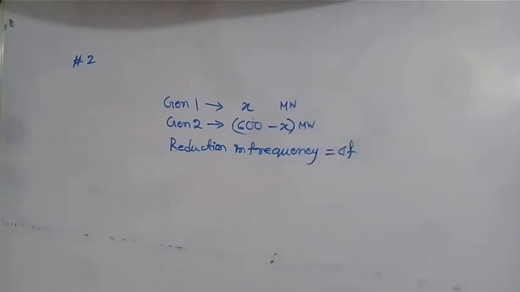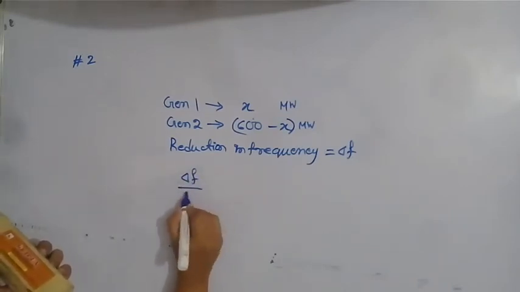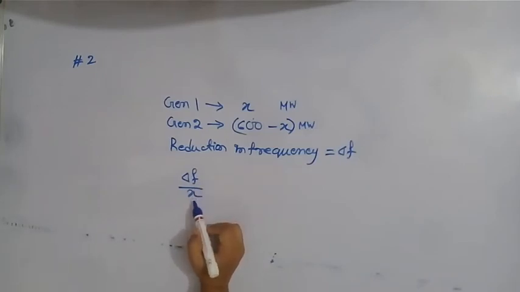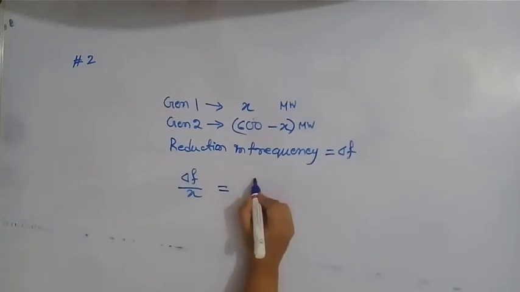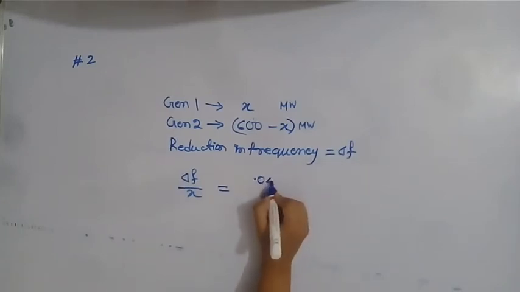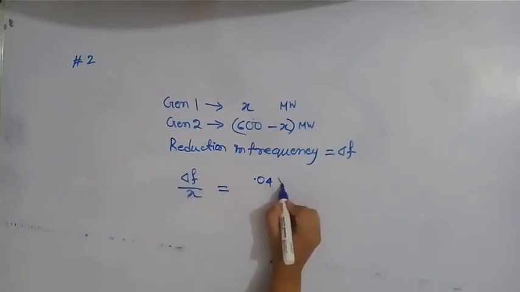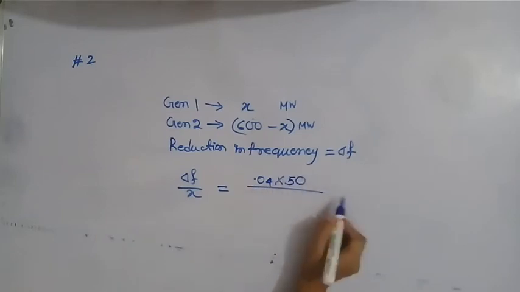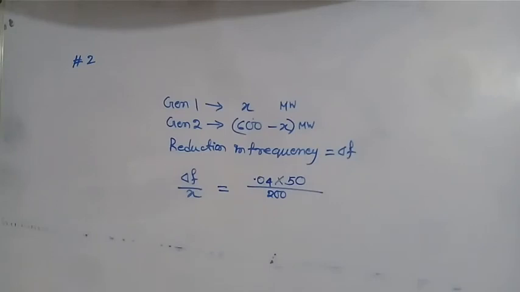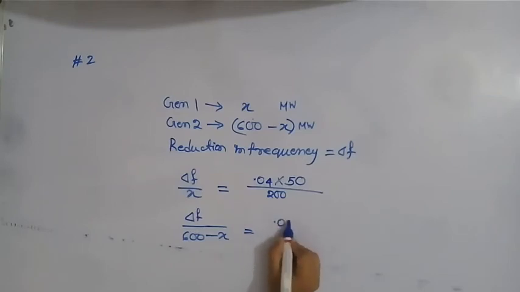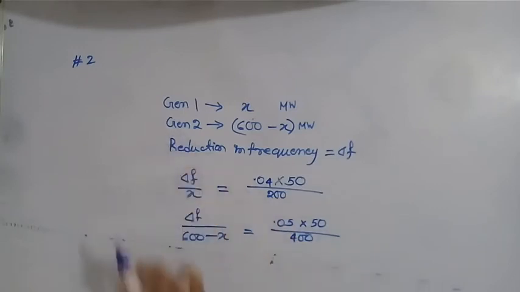delta F. So, delta F, that is reduction in frequency, by X, that is load of generator 1, is equal to 0.04, this 4% is the droop of generator 1, into 50, the no load frequency, by 200 megawatt, the rating of generator 1. For the second generator, delta F by 600 minus X is equal to 0.05, the droop of second generator, into 50, the normal no load frequency, by 400, the rating of generator 2.